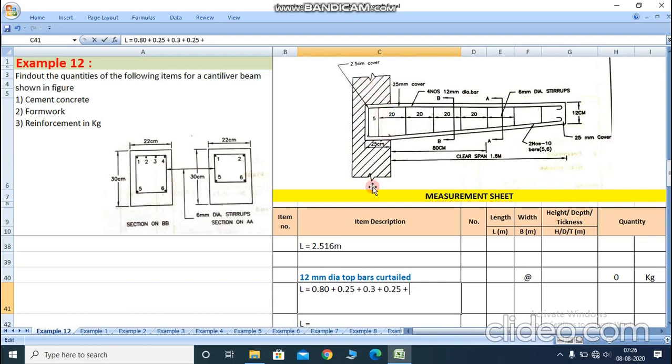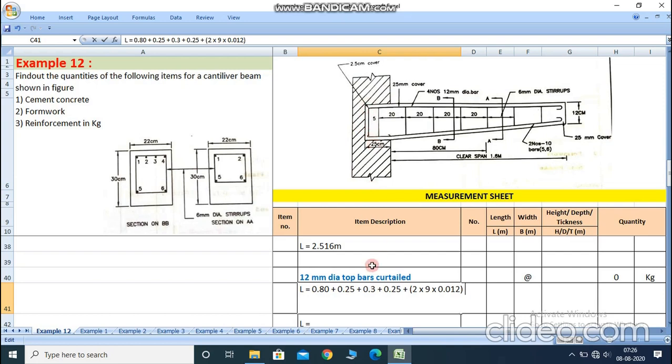So right here 2 into 9 into diameter of the bar 0.012, minus. Here single cover is provided at the end, and top and bottom cover is provided.